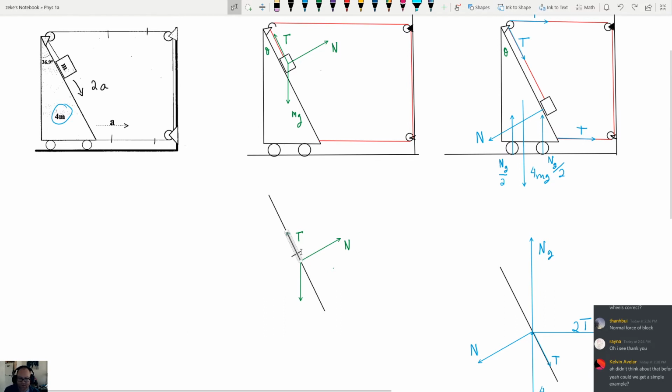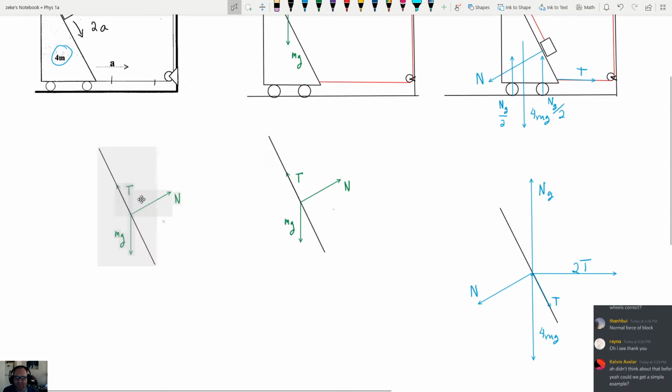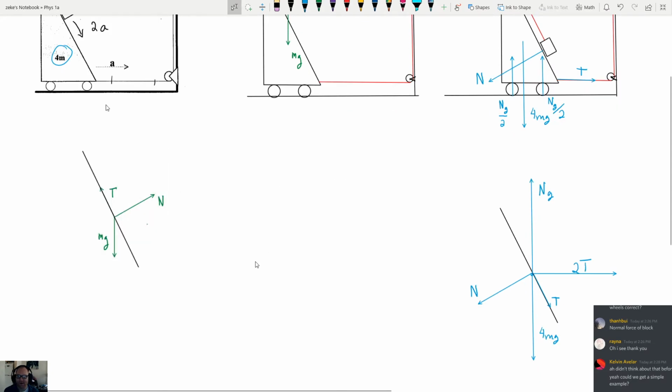Oops, not that one, that one. Okay, there we go. Tension, normal, and this was the weight, right? Okay, so we've got our free body diagrams here. I'm going to separate them a little bit. So on the left, we have the free body diagram for the cart, and on the right, we have the free body diagram for the wedge.